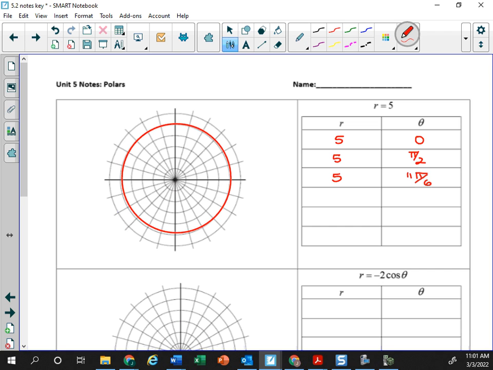So anytime you just see r equals some number, you know it's a circle. Center at the pole. And this one is radius equal to 5. So again, you would not actually fill in the chart. You'd just go, okay, here's my circle, and you're done.